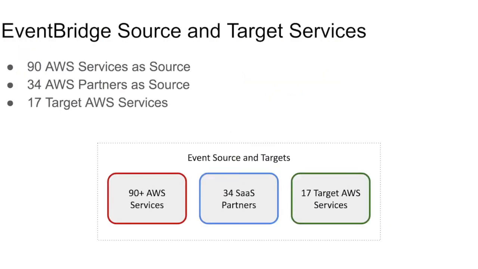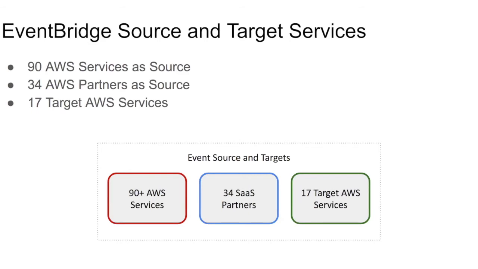So next comes, now we have the bus, now we have the rules. We know what exactly we want to take in, and we know whether we want to transform or not. So what are the sources and the targets available? As I mentioned, 90 plus services are available as a source, and 34 AWS partners are available, these are the registered partners. These are available as a source, and there are 7 target services.